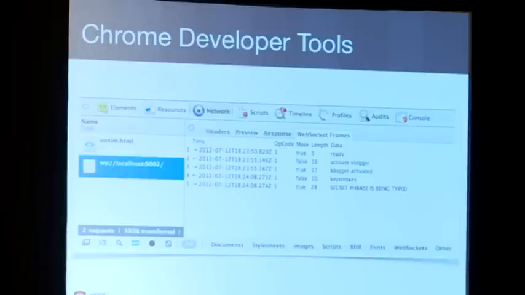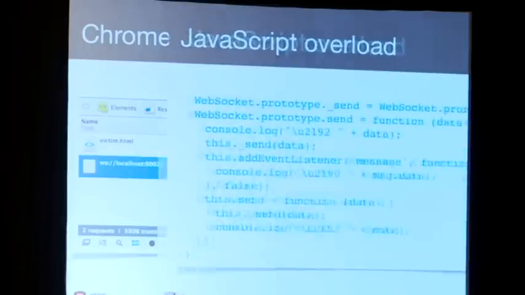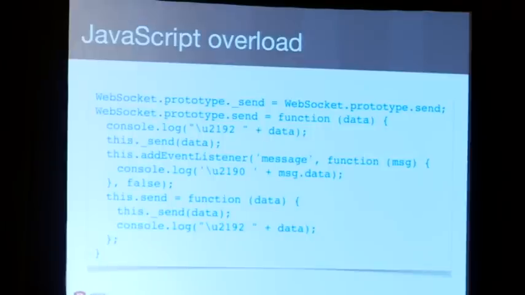They are going to support full-blown WebSocket fuzzing, but I think it's not in the latest version yet. So what you can do for now, you can do your own WebSocket testing or dumping with this little bit of JavaScript here.